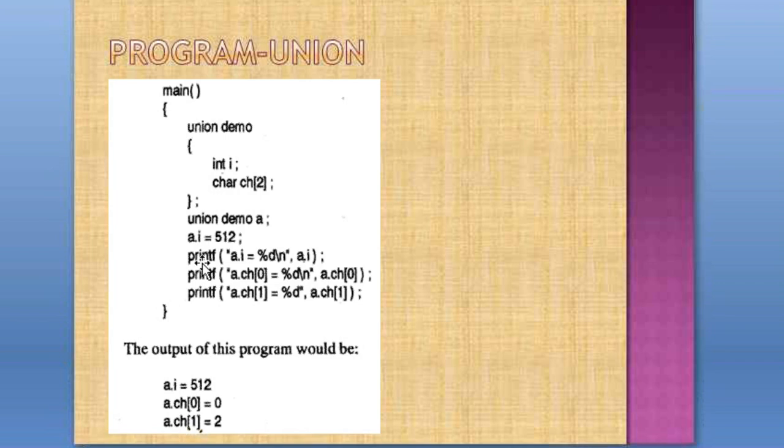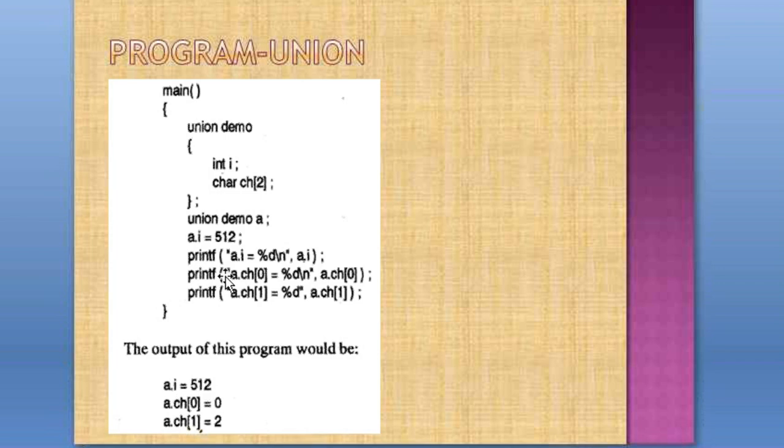So here we are printing the value of a dot i, the value of a dot ch of 0, as well as the value of a dot ch of 1. Here you can see the output. What is the output? We assigned a dot i to 512, so the output for a dot i is 512.